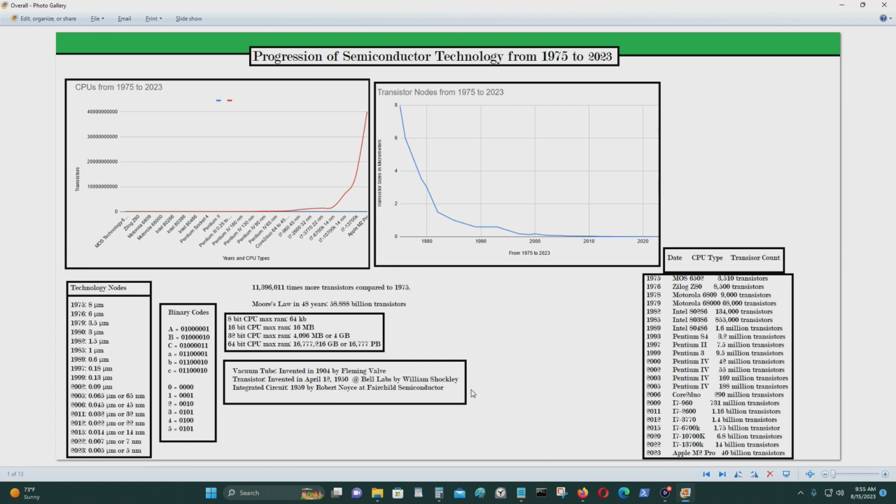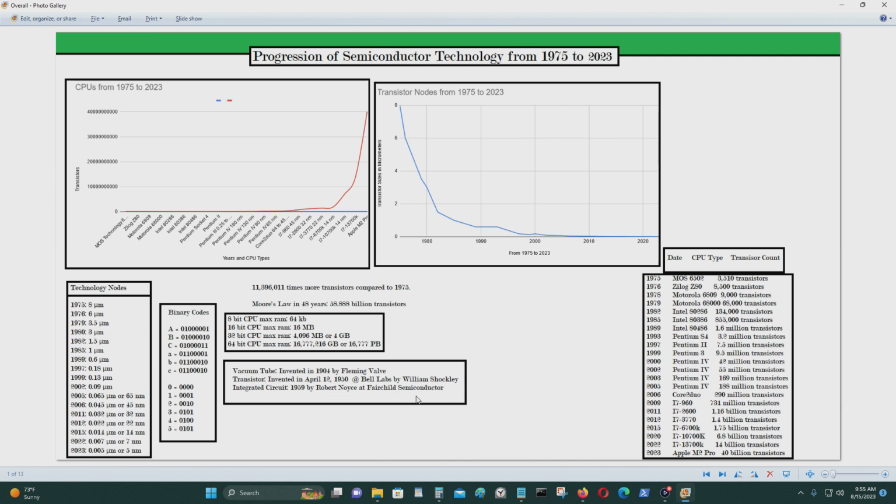We're pretty close to that, but not quite. The best processor we have now with the most transistors is something called the Apple M2 Pro, which has about 80 billion transistors. So I guess we're about 18.8 billion transistors short.